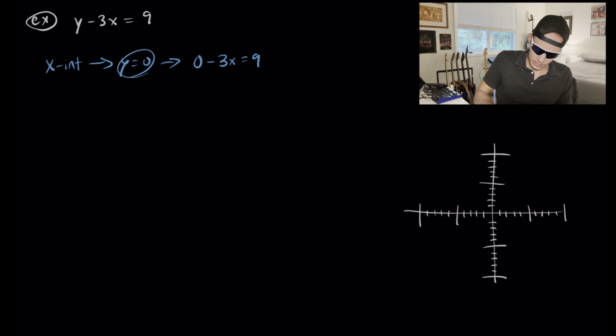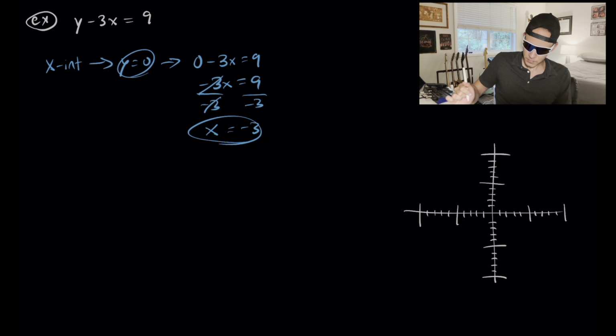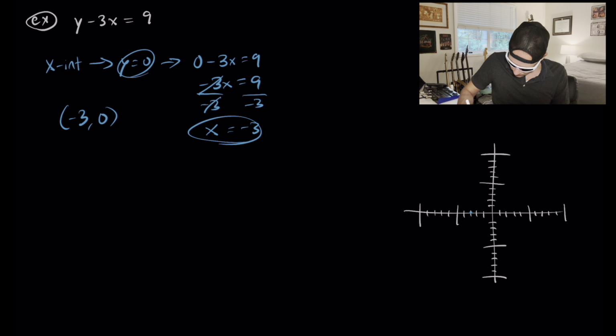Simplify that left side: minus 3x equals 9. We want to isolate x, so divide both sides by -3, and we get x is equal to -3. So the point on the graph that is our x-intercept is -3, 0. I'm going to plot that right there.